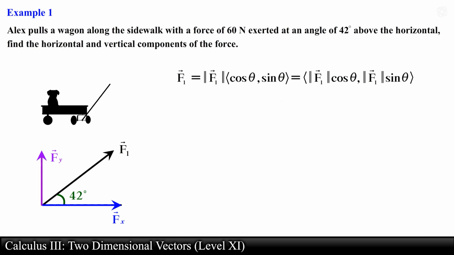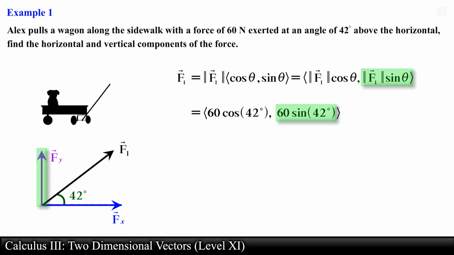In this example, Alex is pulling on a wagon with a force of 60 newtons at an angle of 42 degrees above the horizontal. We can easily find the components of this force by using right triangle trigonometry. In this case, the x or i hat component will be equal to 60 times cosine of 42, and the y or j hat component will be equal to 60 times sine of 42.